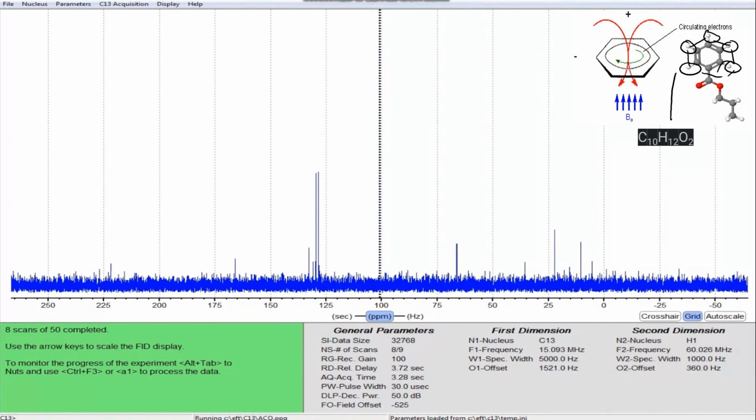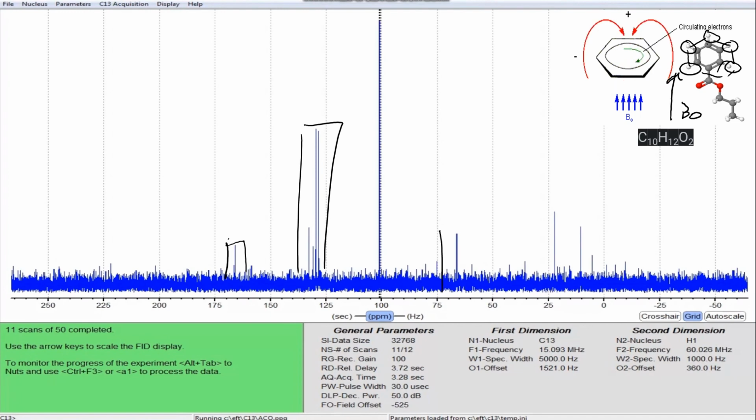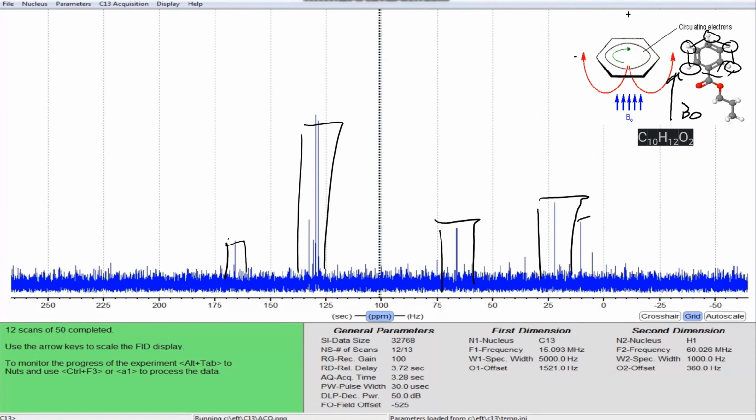However, because we're applying a magnetic field as well, this effect increases because of Lenz's law, where the flux is changing through a coil, in this case the benzene ring. What we're doing is decoupling these spins because we're detaching the spin interaction between this carbon atom and this hydrogen atom. And then we can see that the carbon atoms are present for N-propylbenzoate in these respective regions.